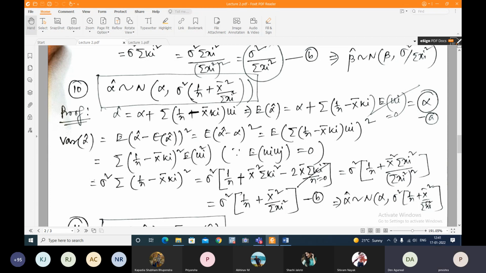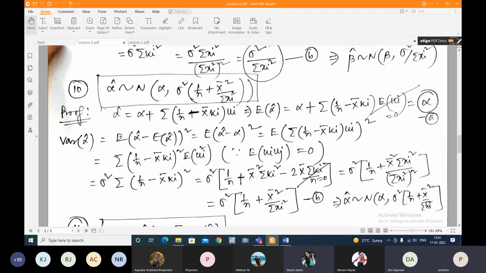And we are getting the distribution of beta hat as normally distributed with mean beta and variance sigma square by summation of small xi square. Now these distributions would be very, very important when we go for discussion on testing of hypothesis.